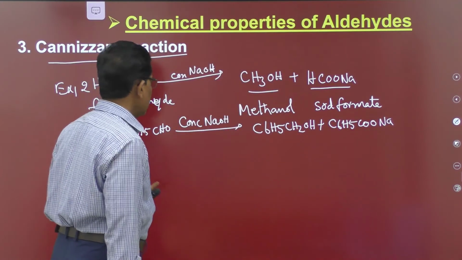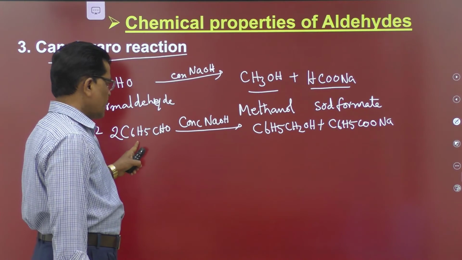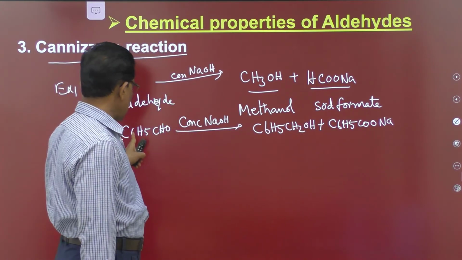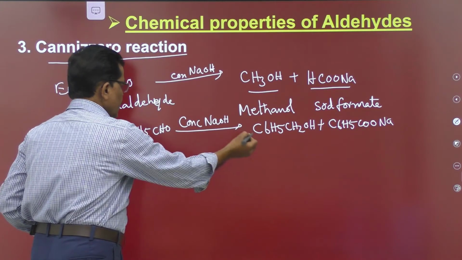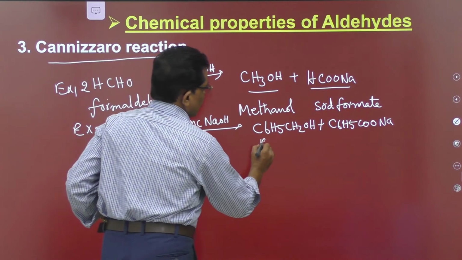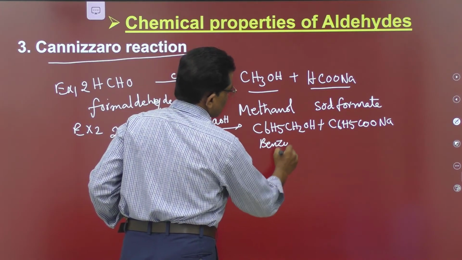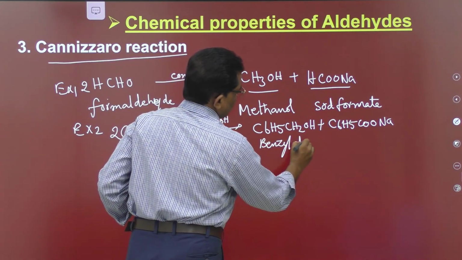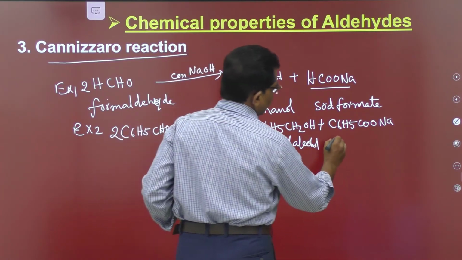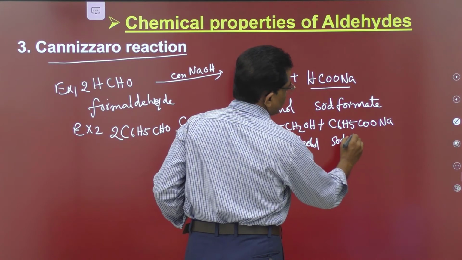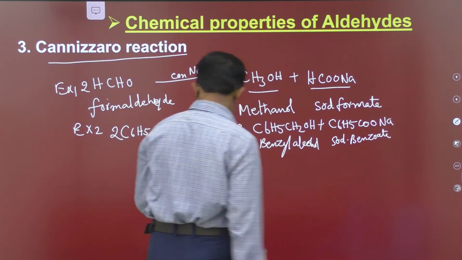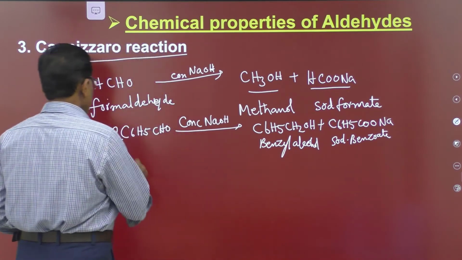This means one benzaldehyde is oxidized to the salt of carboxylic acid and 1 mole of benzaldehyde is reduced to benzyl alcohol. This one is sodium benzoate. Right, understand? Okay.